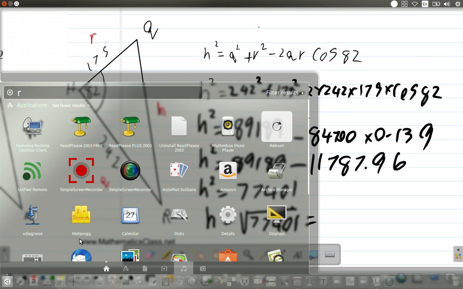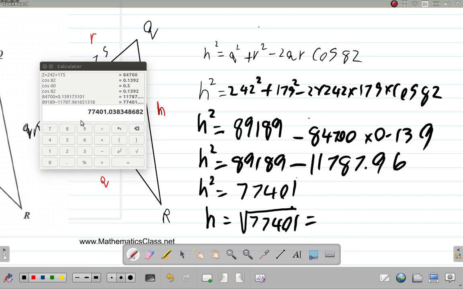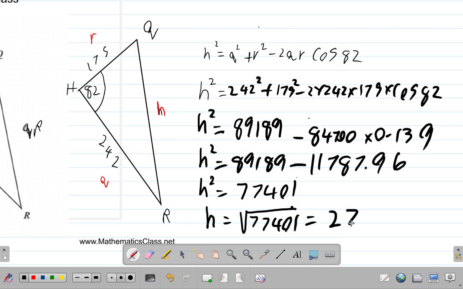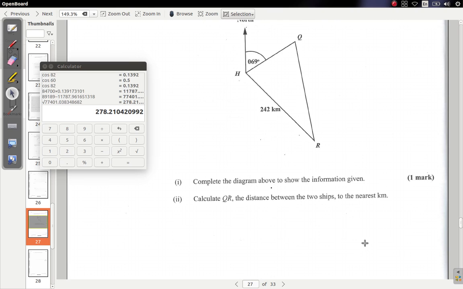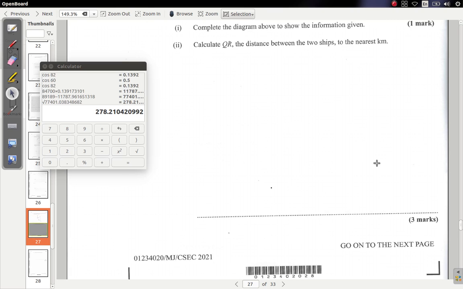The square root of that equals 278 kilometers. So that is the distance between the two ships QR to the nearest kilometer. That is why I have 3 marks for that.